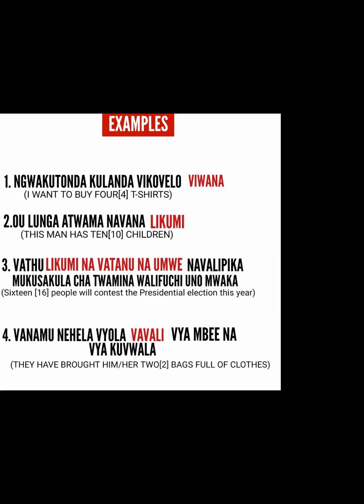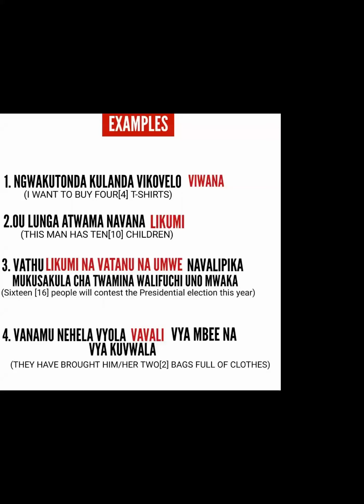It's coming from the va. Vatu 15 na umwe. So for people you can't say chimwe. You say mutu umwe. One person is mutu umwe. Two people, you say vatu vavali, not vivali, no.